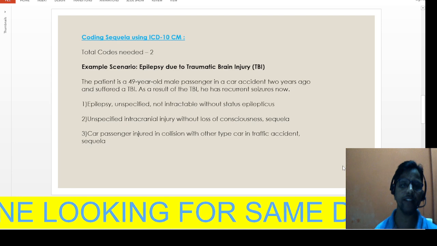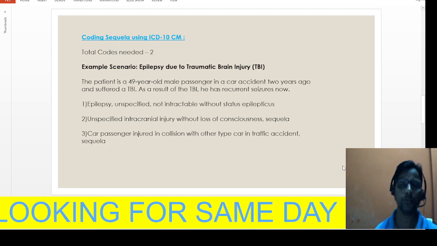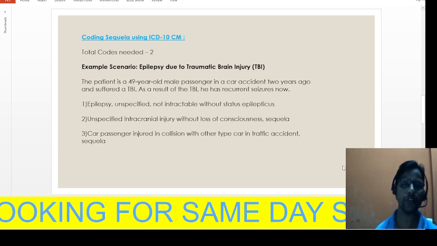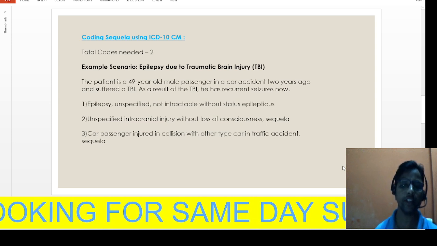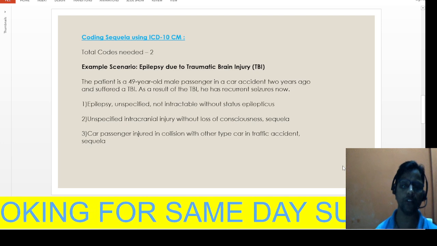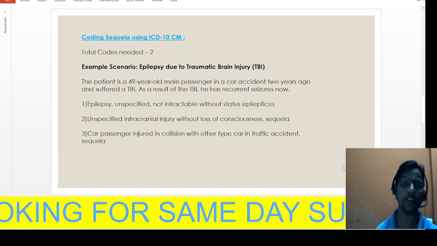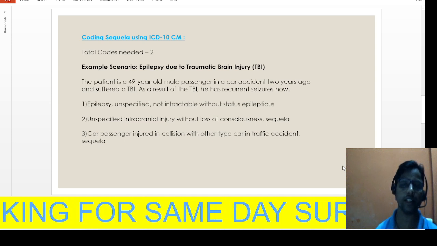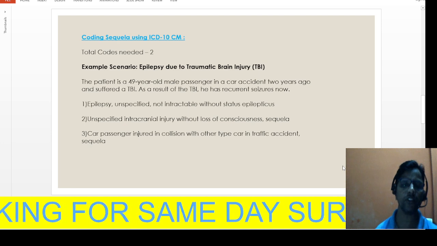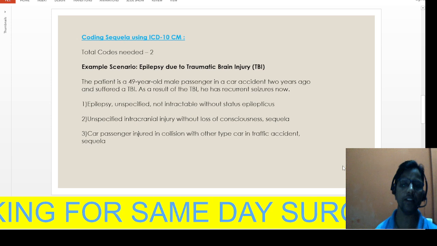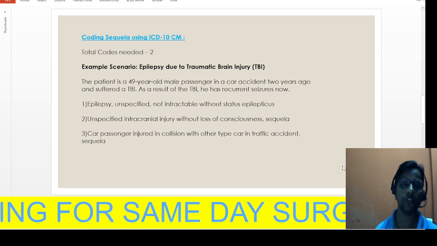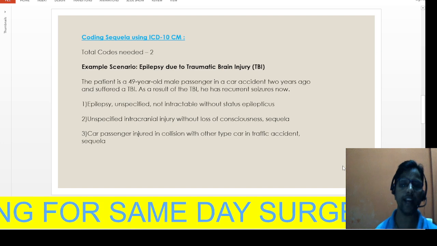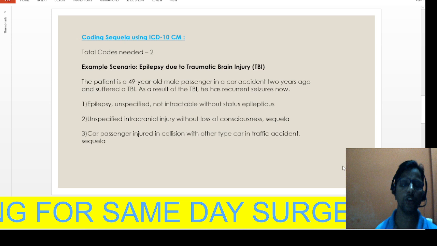Here we usually need to code two codes, but because the sequela is due to a car accident, we need to code for the car accident also. So our codes are: first epilepsy, then TBI, and then the car accident as a car passenger. If the sequela is not due to an injury, we need to code only two codes.